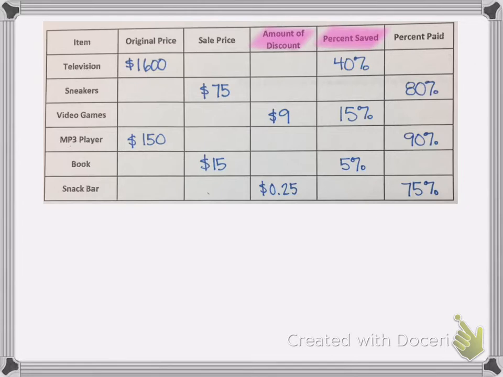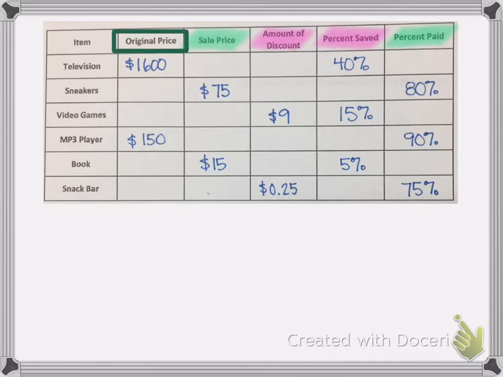Let's also look at the percent paid. That percentage is going to find us the amount paid, which is the sales price. So those two columns are related. And then finally, let's look at this box right here.